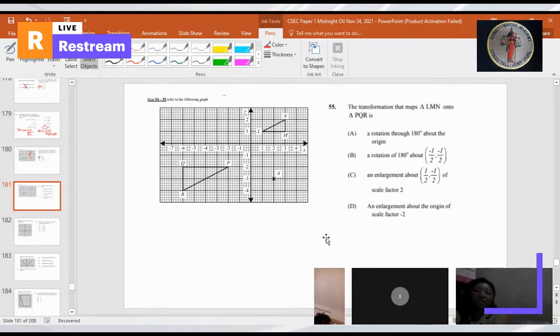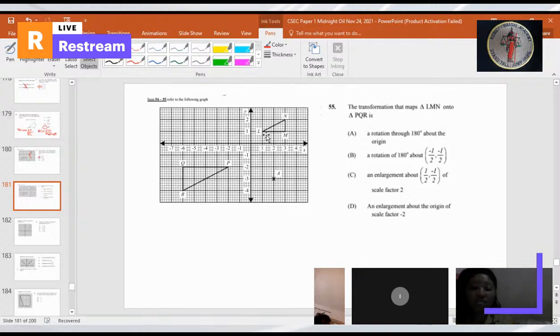55, the transformation that maps triangle LMN onto triangle PQR. So from this triangle to this triangle, what is the transformation?